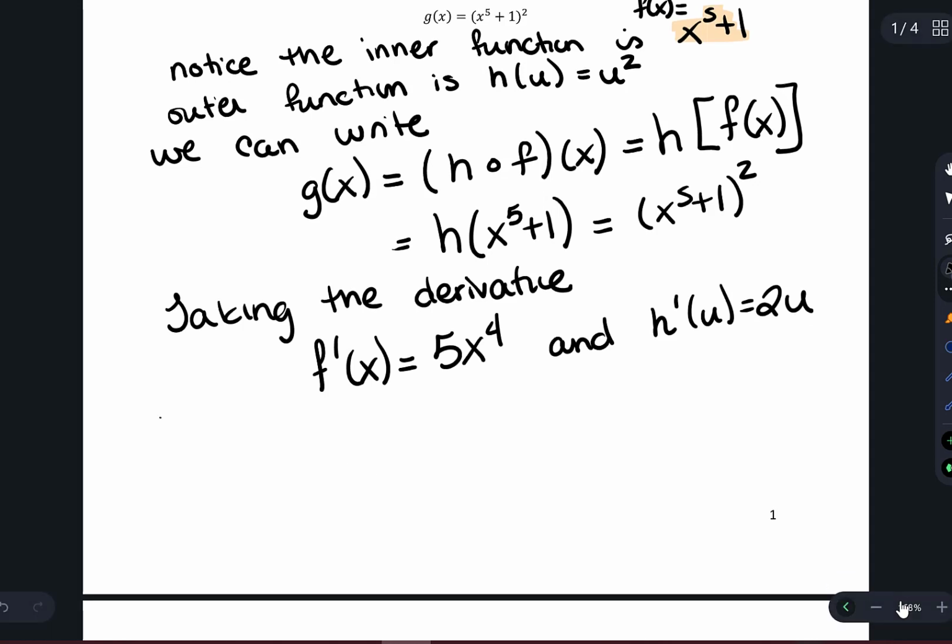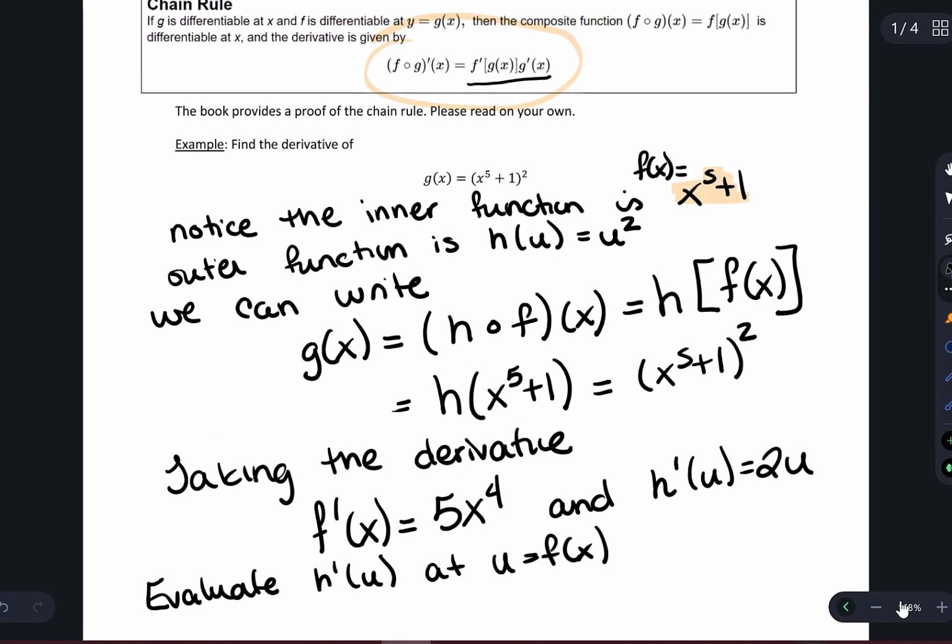What we want to do next is evaluate h prime of u at u equal to f of x, and that's going to give me this first piece of the chain rule. Again, remember that the use of f and g is just going to change in context of the problem.